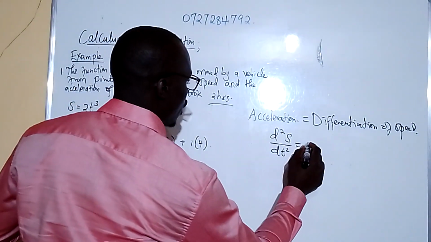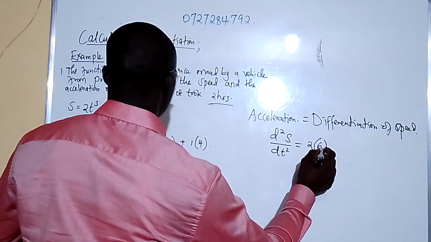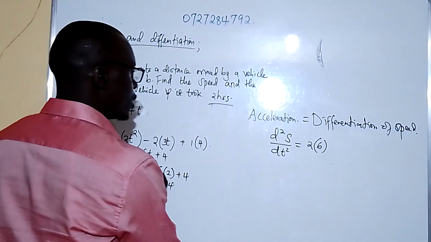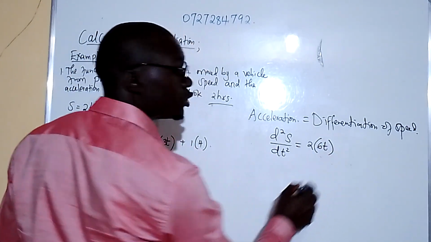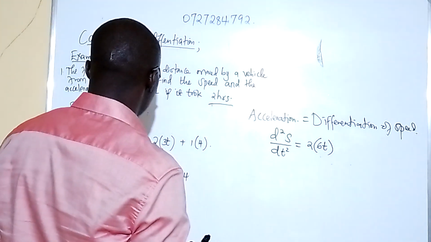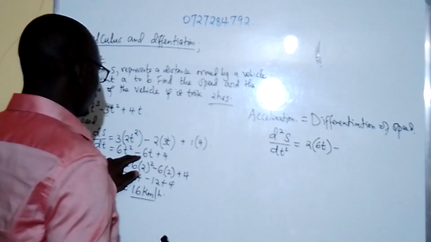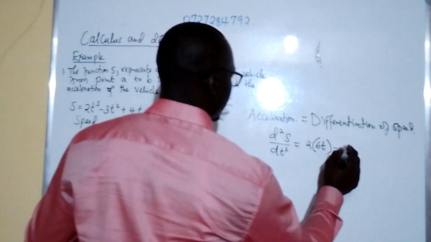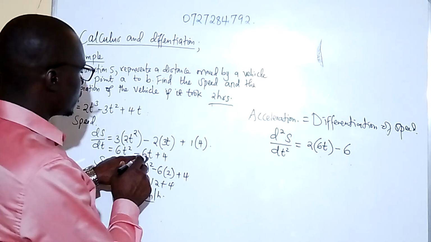So therefore, if we differentiate this further, we come up with 2 into 6 times t to power 1, and then minus 6, and then we have t to power 1.